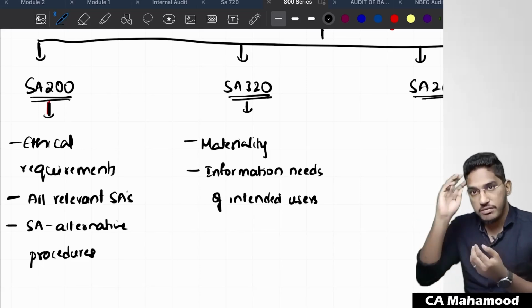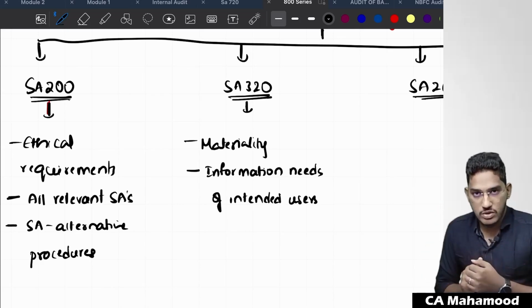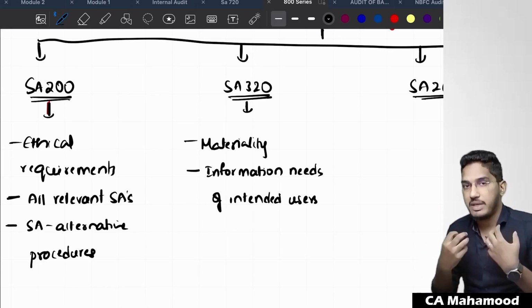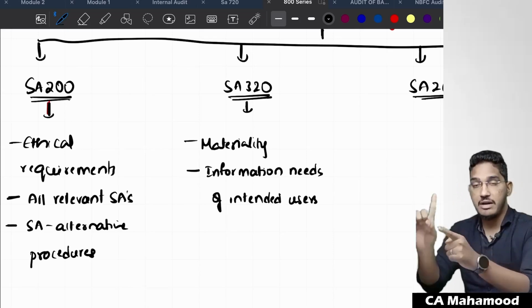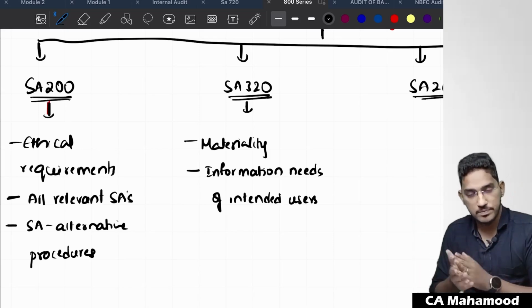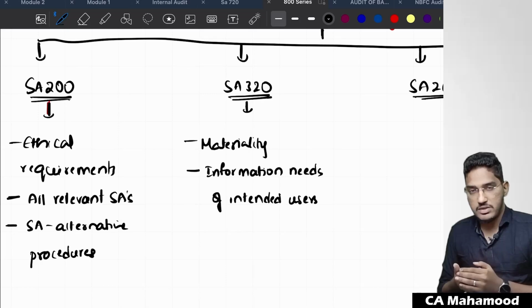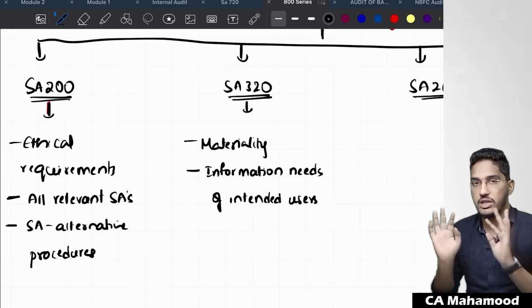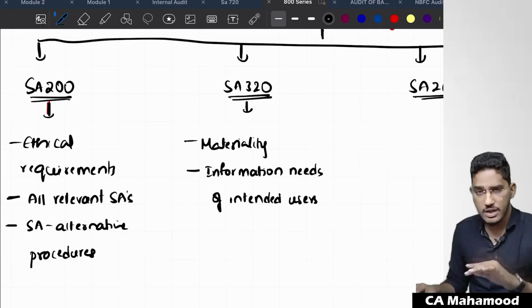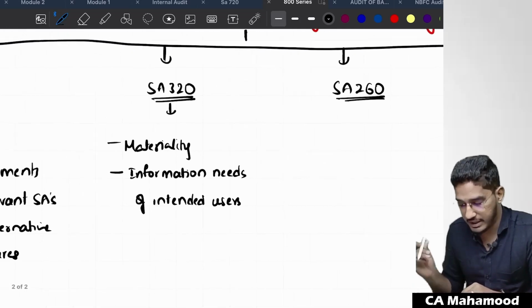I will consider from his perspective what is material, what is not material. On the other hand, if I am conducting audit of the general purpose financial statements, I will keep all my users in mind. But in the case of special purpose financial statements, I will determine materiality keeping in mind intended users only, not all the users. So this is one thing regarding materiality.